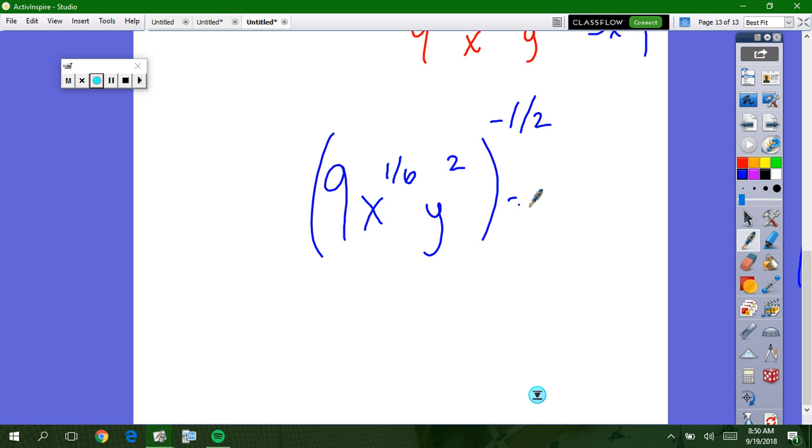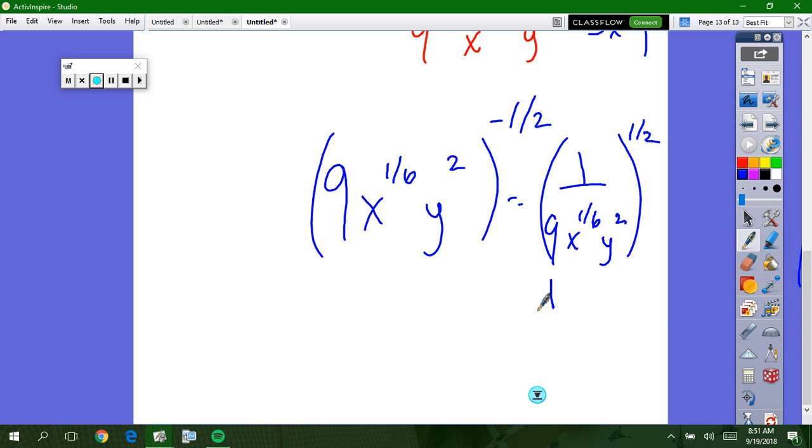So this is equivalent to 1 over 9x to the 1/6, y squared, to the half. You ever see a negative exponent on the outside of something? Just flip the inside fraction. Then I bring it in. What's 1 raised to any power? 1, isn't it?